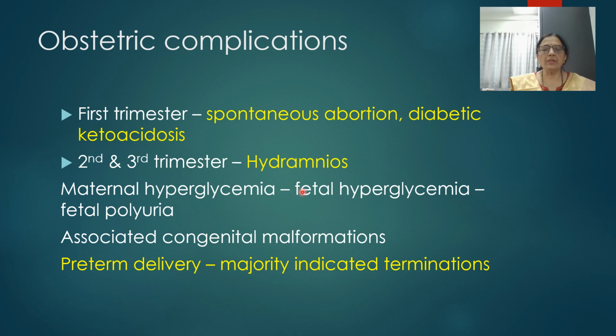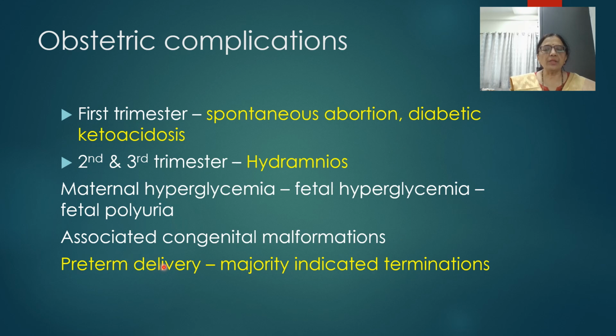Maternal hyperglycemia leads to fetal hyperglycemia, leading to fetal polyuria, and that is a possible reason for the increased amniotic fluid in patients with diabetes mellitus. A second pathway can be the associated congenital malformation, especially open neural tube defects, which might also contribute to the increasing amount of amniotic fluid.